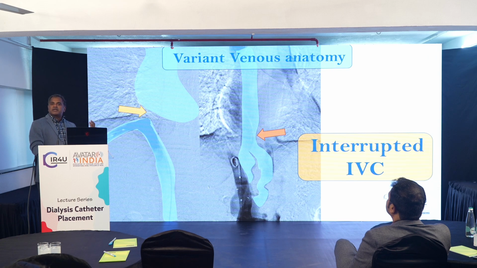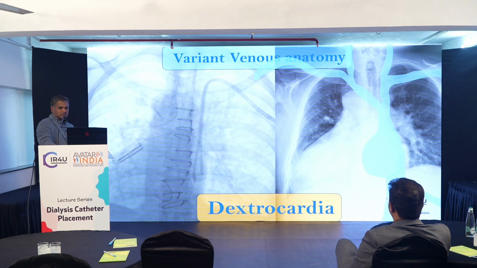Especially in the scenario where you're trying to pass a wire from the groin and you are unable to pass a wire into the right atrium, whenever the wire is going in the wrong direction or something is not right, the first thing you should always think is, what is the anatomy of this patient?